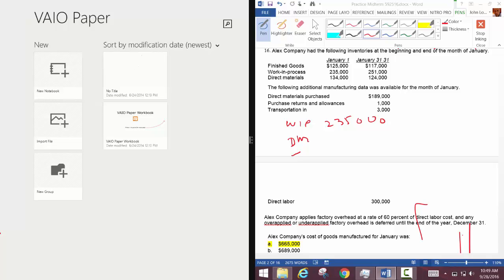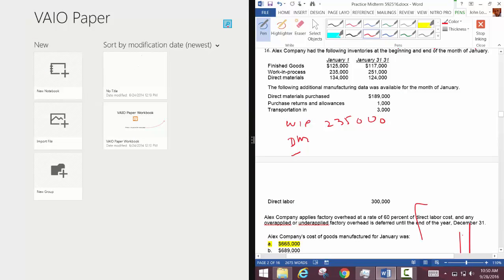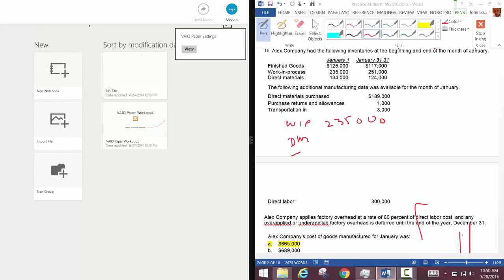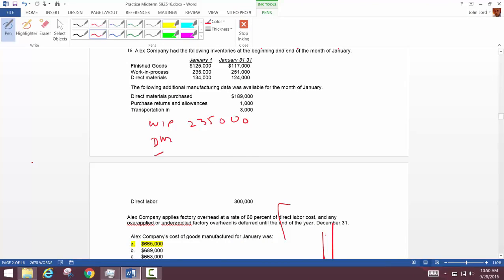I don't know why I keep this useless paper thing, I should just uninstall it. How do I get out of this? Escape maybe? No. How do you close this stupid thing? Maybe you hit the side of it. Options. See down here? And just drag it that way. Oh, okay, thank you. Be gone, oh demons in the computer. Okay. All right, thank you.